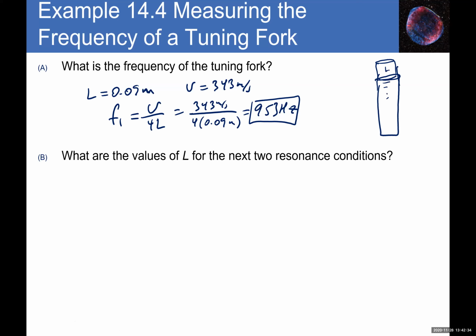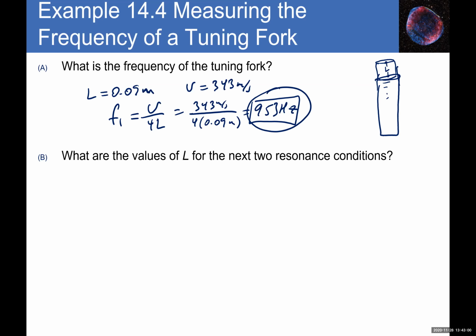So this is our L. And if you have a resonance, it means that what you will hear is that the sound is amplified. So you know that you hit the harmonic. Remember, our tuning fork can only produce one sound, which is at 953 hertz. That means the frequency is fixed.